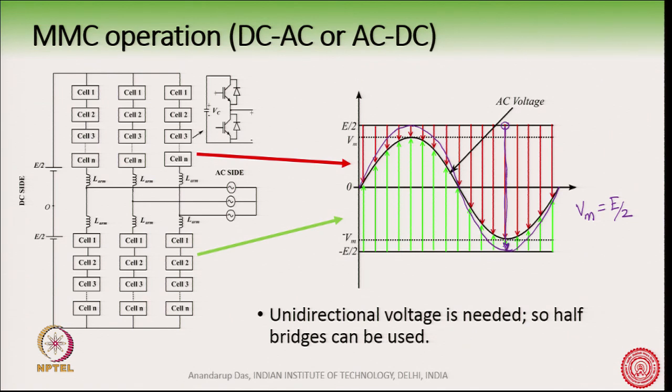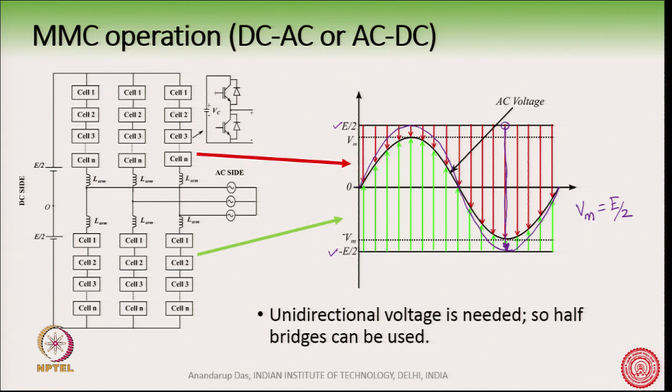So, this is the maximum instantaneous voltage that the upper arm has to produce, right. And of course, this is also the voltage that a lower arm has to block, right. So, what is the length of this maximum arrow? The length of this is equal to E, because you see this is E by 2 and this is minus E by 2.